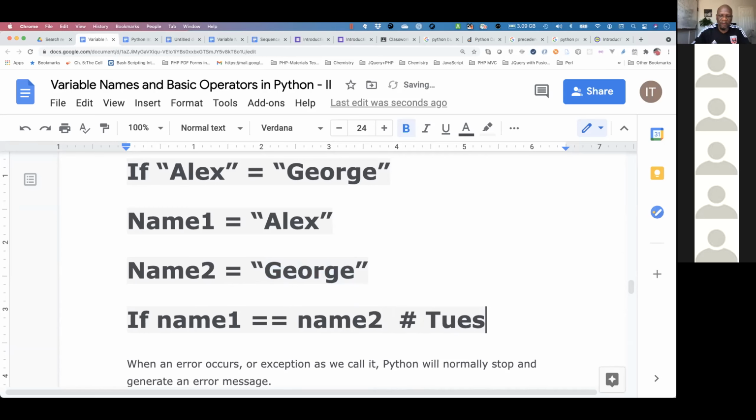That means name 1's memory address will contain the word Alex, and name 2's memory address will contain the word George. If name 1's memory location equals name 2's memory location, this will be false. It can only be true if both contain the same name, either George or Alex, but not a mix of both.